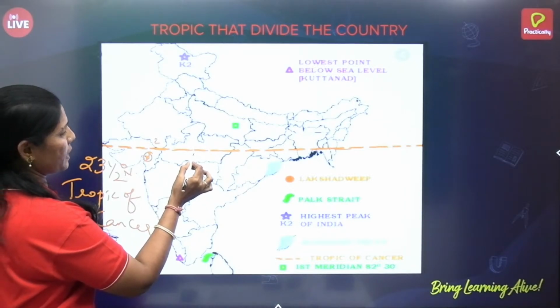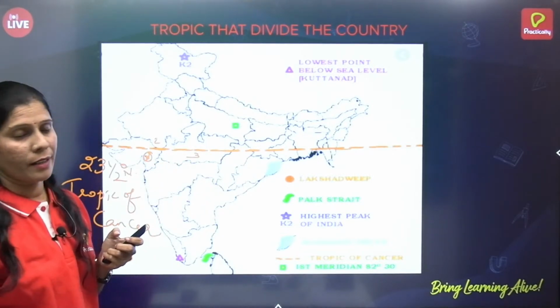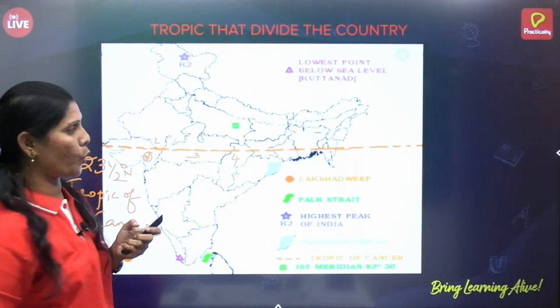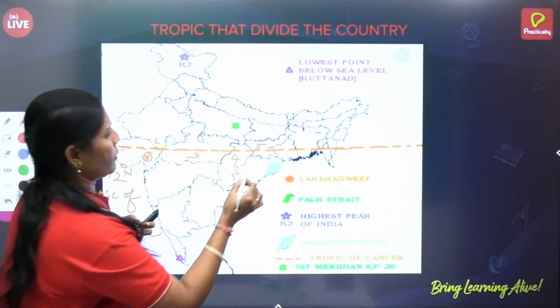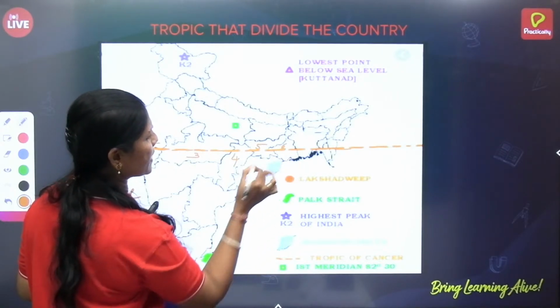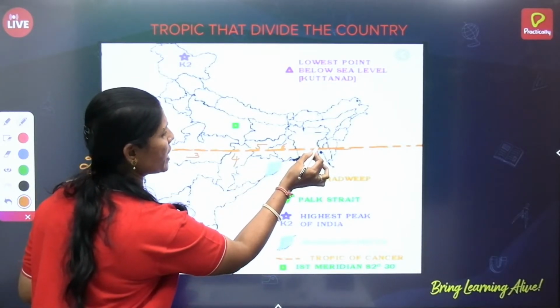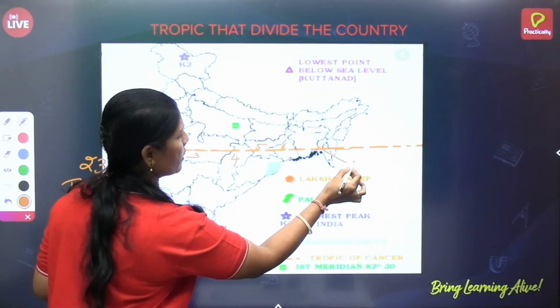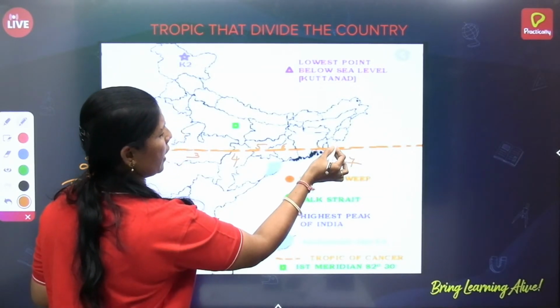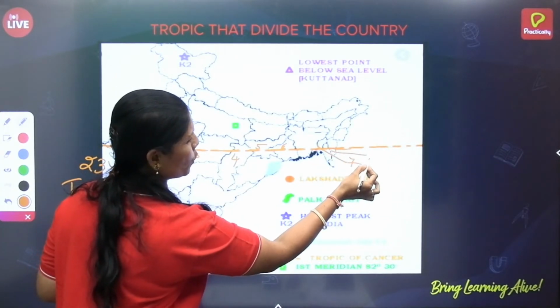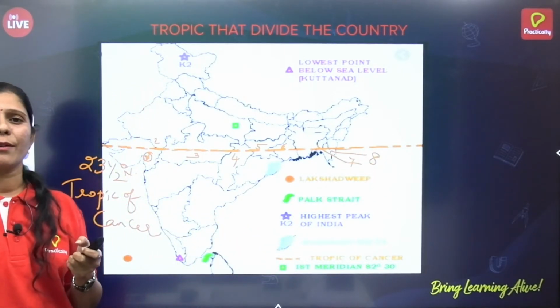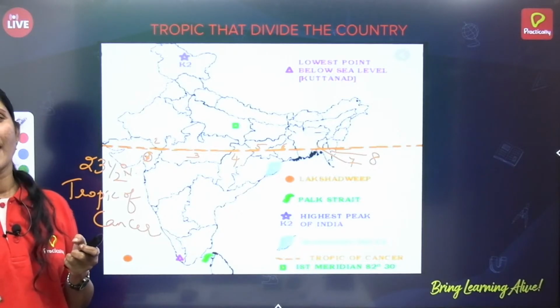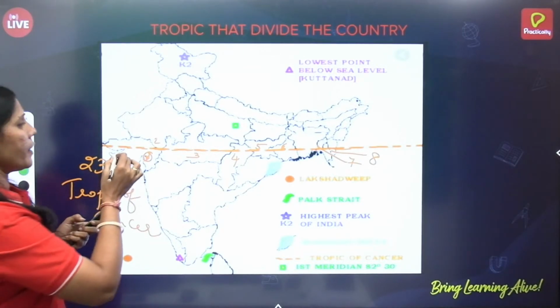And you can see Madhya Pradesh, 3, Chhattisgarh, 4, Jharkhand, 5, West Bengal, 6, and this is Tripura, 7, and this is Mizoram, 8. So the Tropic of Cancer is passing through 8 states in India.